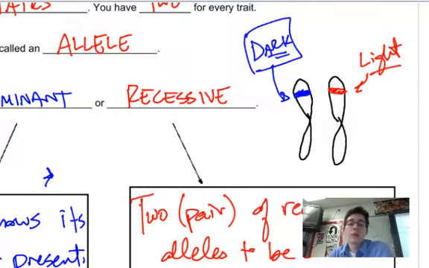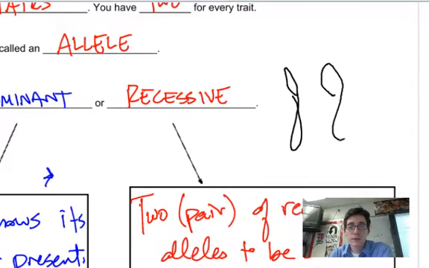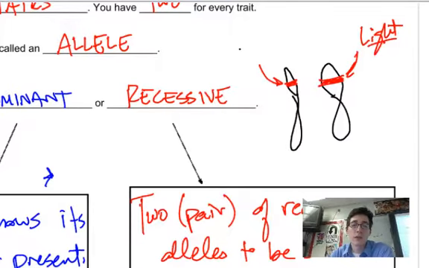The only time you would ever see a recessive allele is if you've got two. Let me get some space, redraw my chromosomes. The only time you'd ever see a recessive allele is if you have two recessive alleles with each other. So this is light. Okay, light hair. This is also light or blonde or whatever you want to call it.